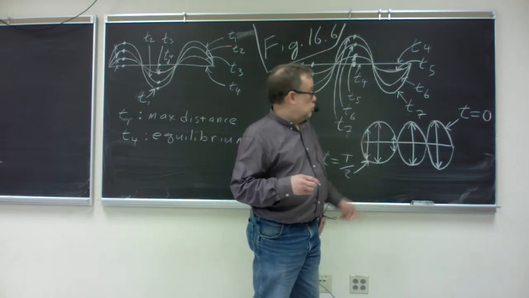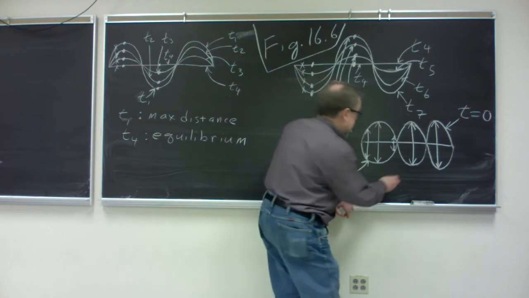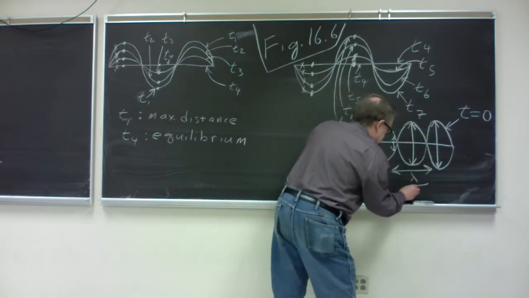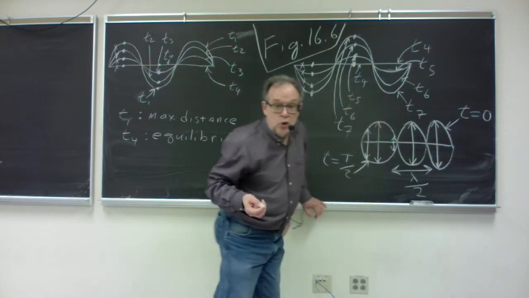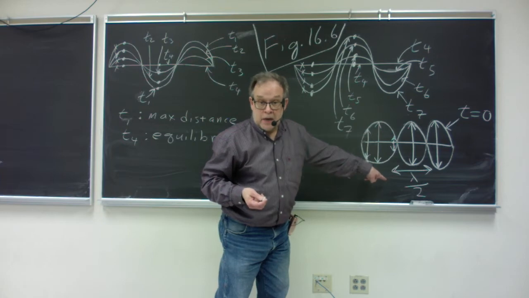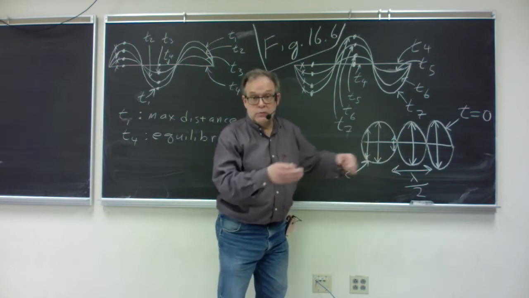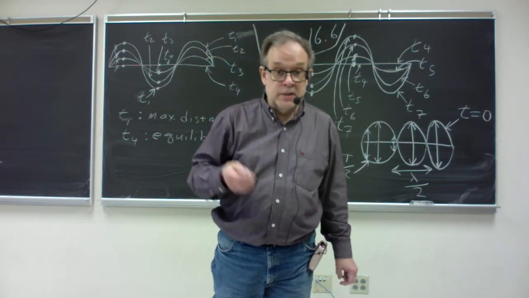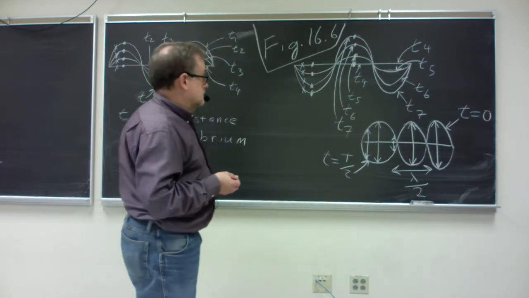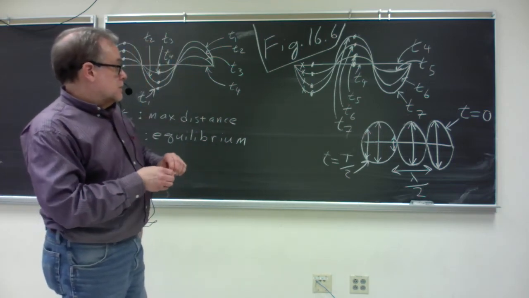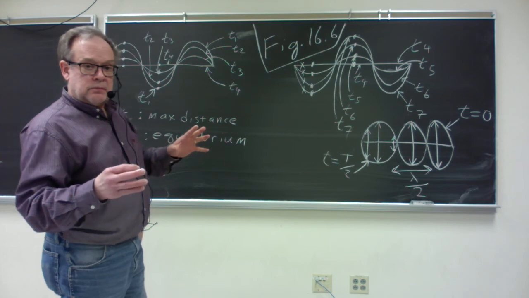And when they produce a standing wave, the distance between nodes is always equal to half the wavelength of those traveling waves that combined to produce the standing wave. Okay, so let's just look at that in a little bit more depth.